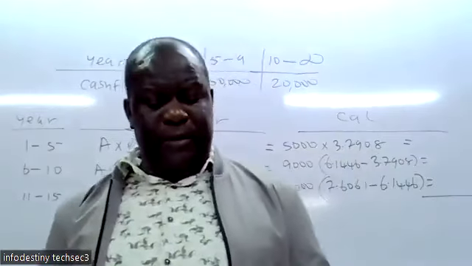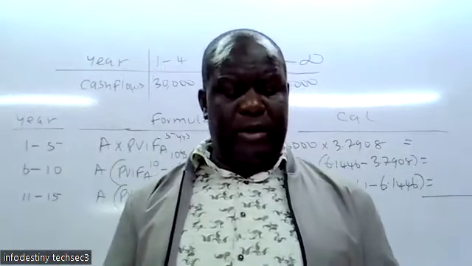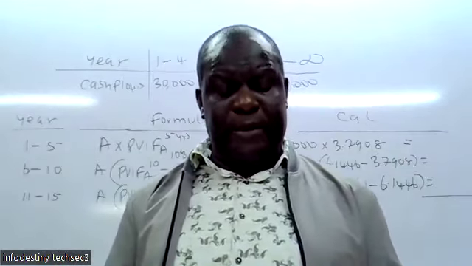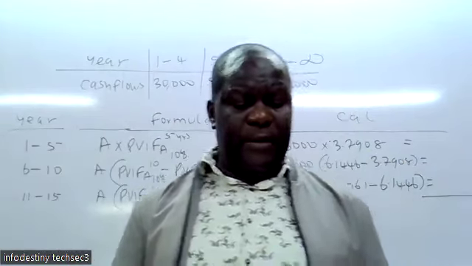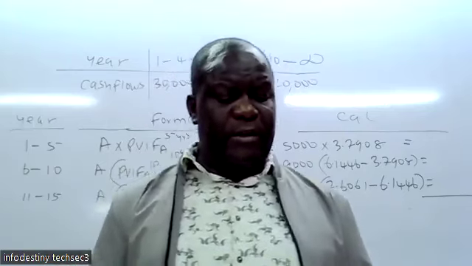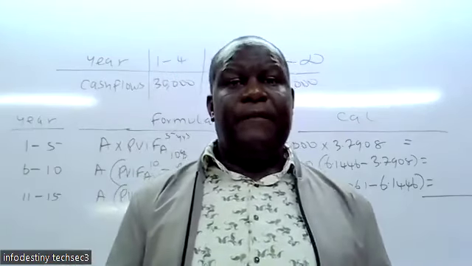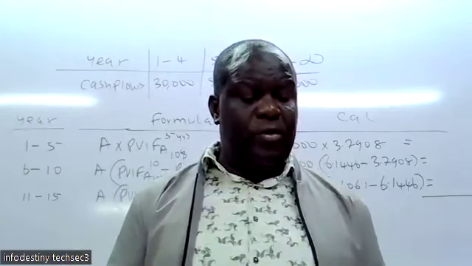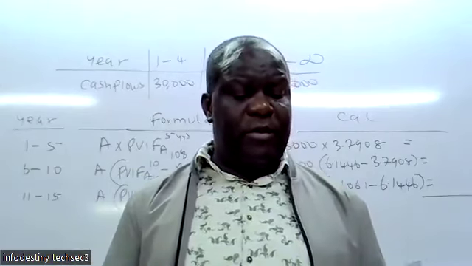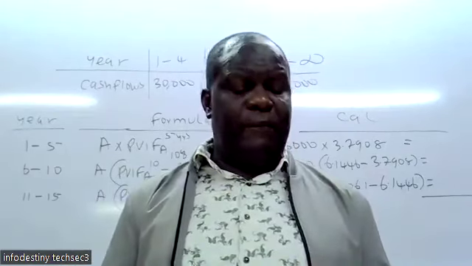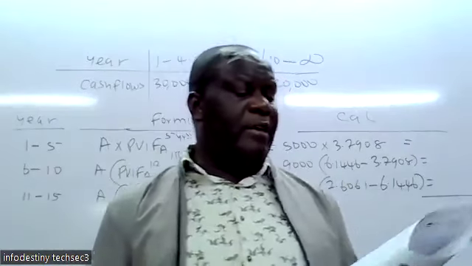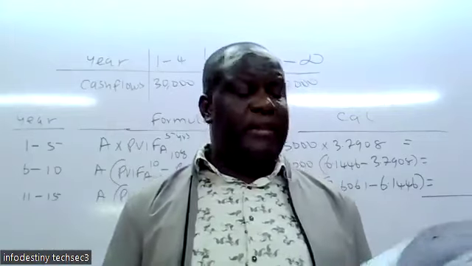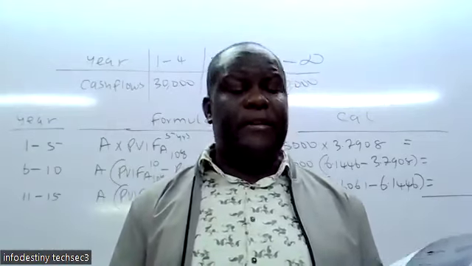So the firm's minimum required rate of return is 5% above the risk-free rate of return. The risk-free rate of return was given as what? 15%. So to get the cost of capital or that discounting rate, you simply take 5 plus 15, because they have said that the minimum required rate of return is 5% above the risk-free rate.